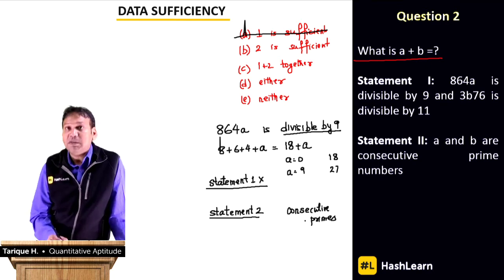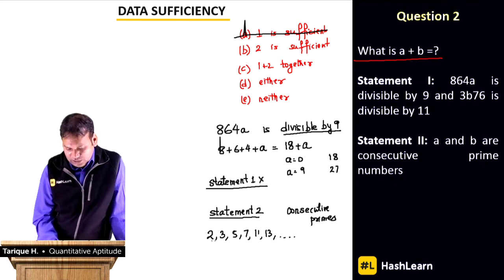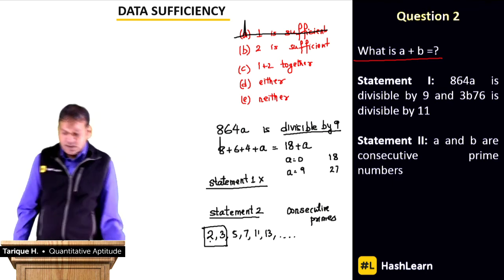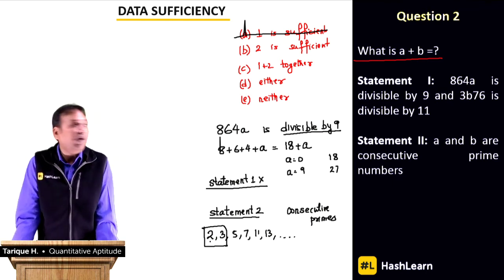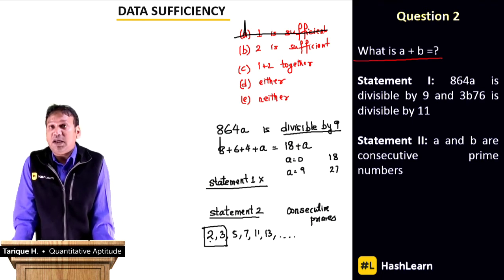If we write down the prime numbers, you'll see the first prime number is 2, and then we have 3, then 5, then 7, and then 11 and 13 and so on. And you see that 2 and 3 are consecutive. So A and B are consecutive prime numbers, so 2 and 3. Now, can any other set of prime numbers be consecutive? No chance at all.